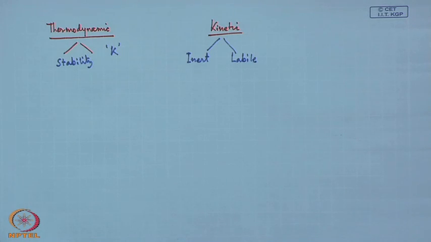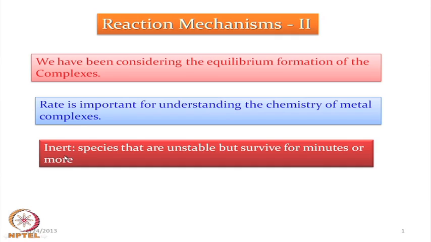So, when we call a particular compound an inert complex, it is a particular metal ligand assembly or species that is unstable, but survives for minutes or more. If in solution a transient species is formed and has some survival time of a minute or more, we can consider that particular compound inert.